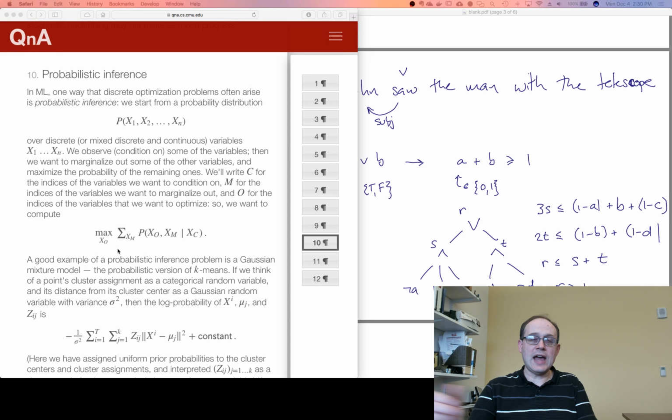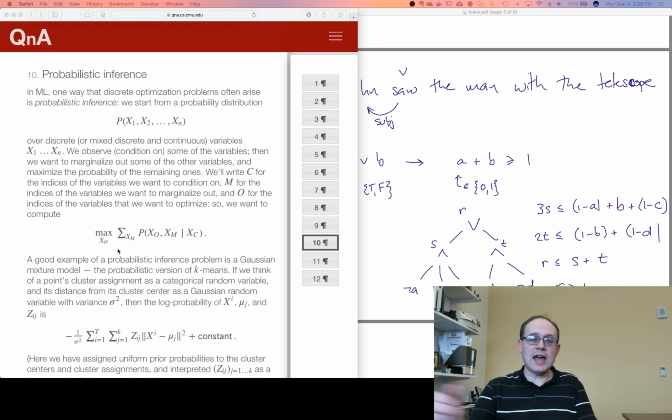An example would be a Gaussian mixture model, which is the probabilistic version of k-means clustering. So in a Gaussian mixture model, we would say that there's a categorical random variable that says which cluster center a given point is assigned to, and then a Gaussian random variable that says what's the distance from your cluster center. And we don't observe either of those. And so what we would like to do is marginalize out the cluster assignments and the distance from the cluster center, and then optimize over the cluster centers.